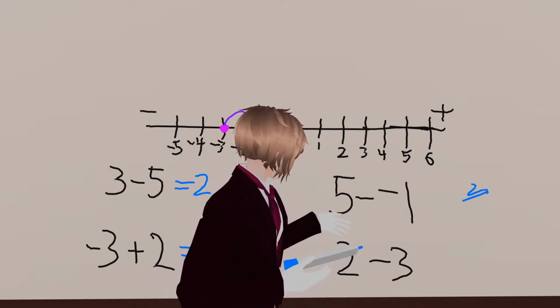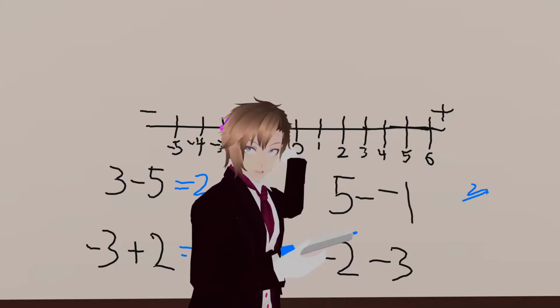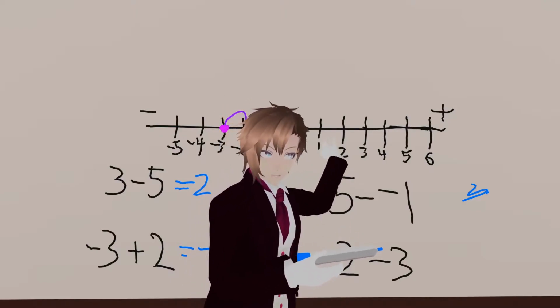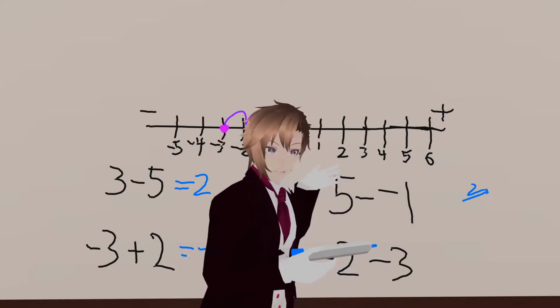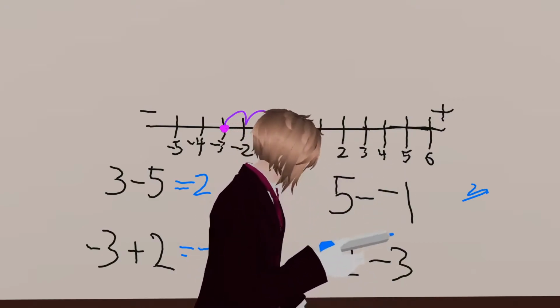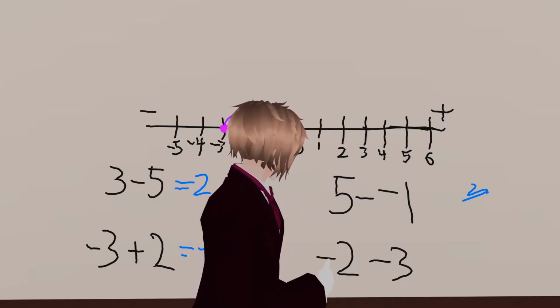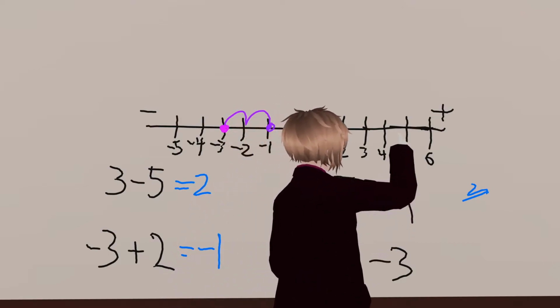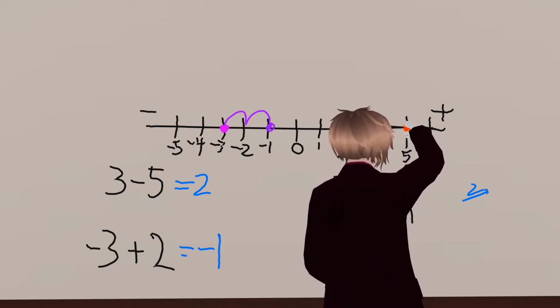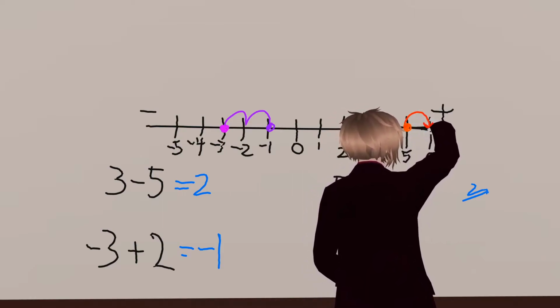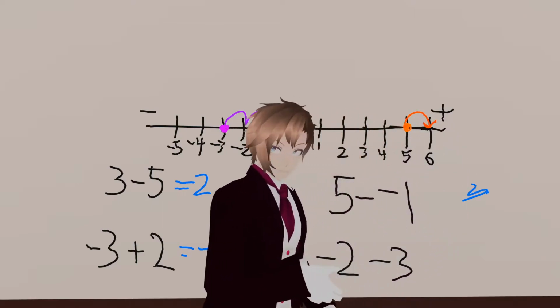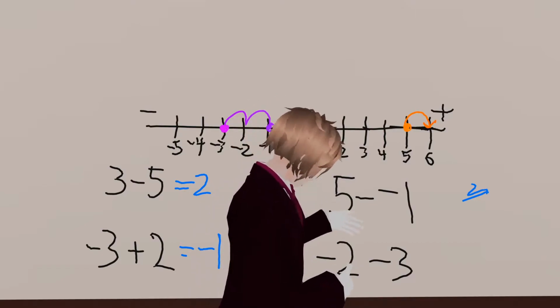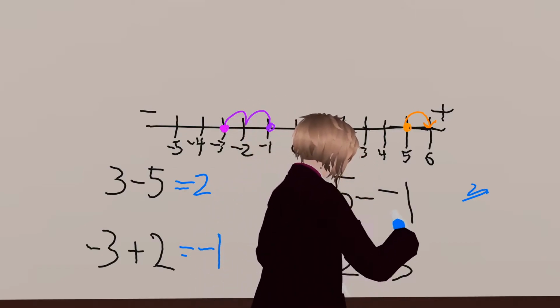So remember, the negative means that we face the negative direction and we're going to go backwards. So we're going to end up in the positive direction. So we have 5 and we're going to take away negative 1, so we're going to end up going in the positive direction. So we have 5 and we're going to go to 6. So the answer for this one is 6.